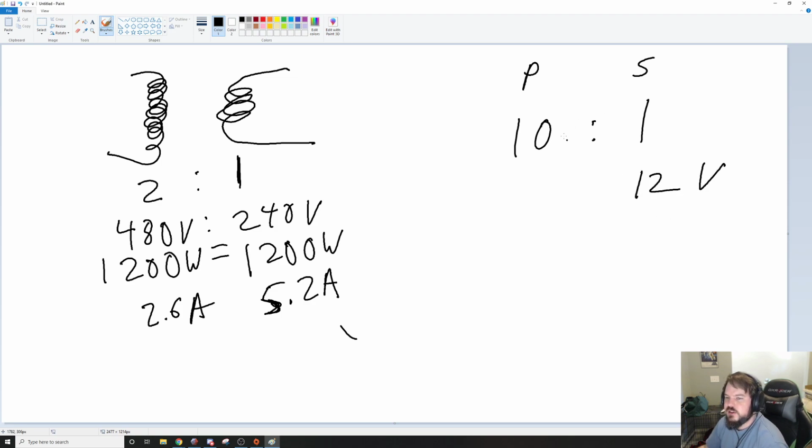So you could say for every 10 volts on the primary, you have 1 volt on the secondary. So if you have 12 volts on the secondary, that means you have 10 times as many on the primary. So that'd be 120 volts is your primary.